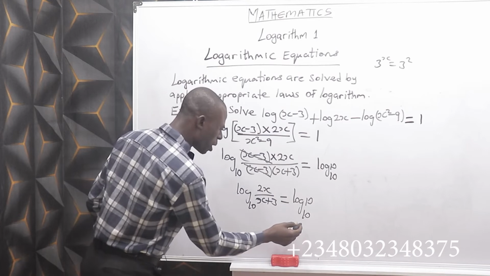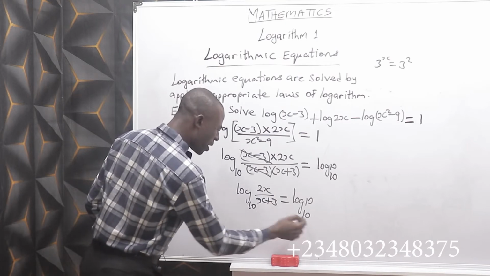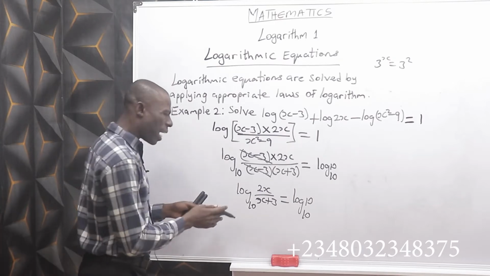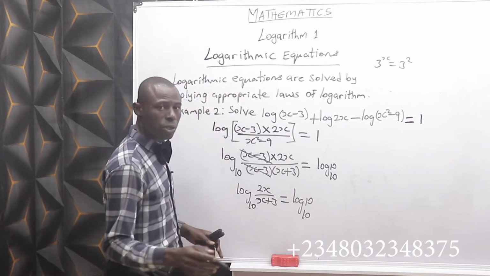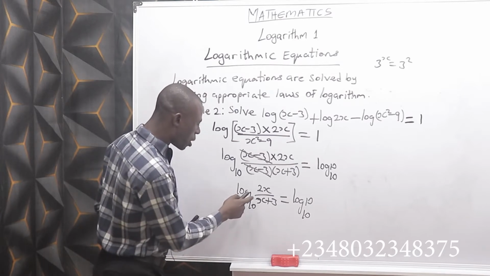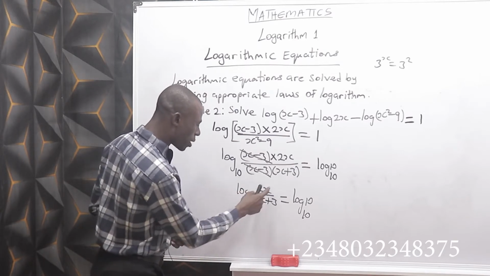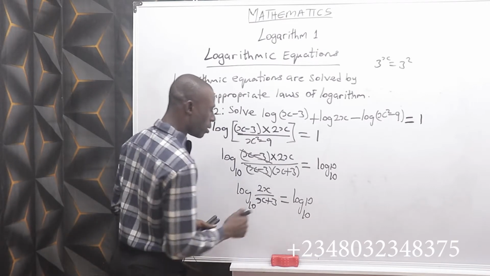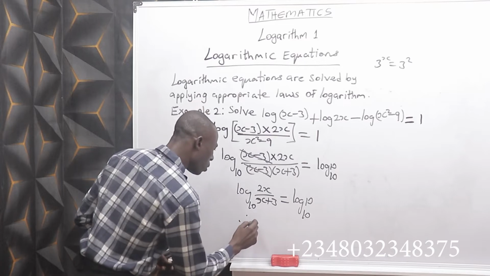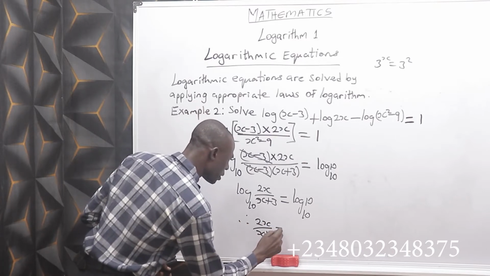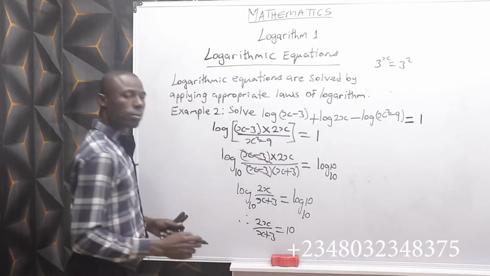Once the bases are equal on different sides of the equation of a logarithm, then the numbers of the logarithms on both sides are also equal to each other. The number of the logarithm on this side is 2x over x plus 3, while the number of the logarithm on this side is 10. Therefore, 2x over x plus 3 is equal to 10.